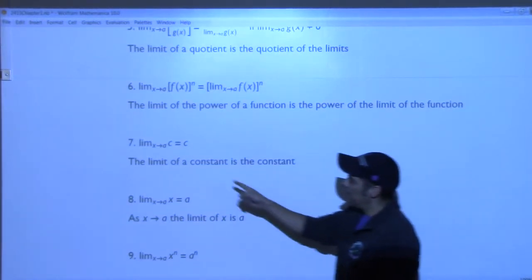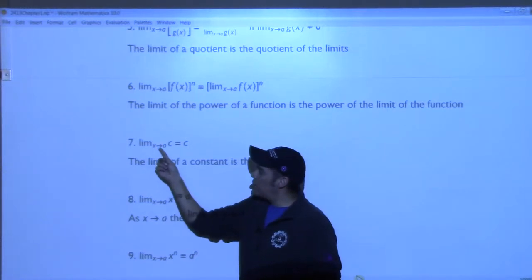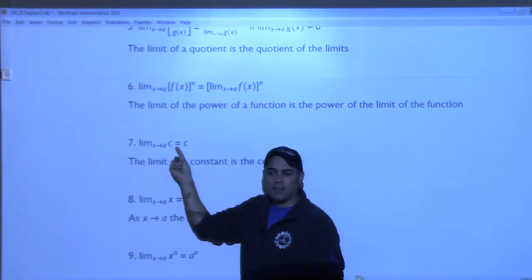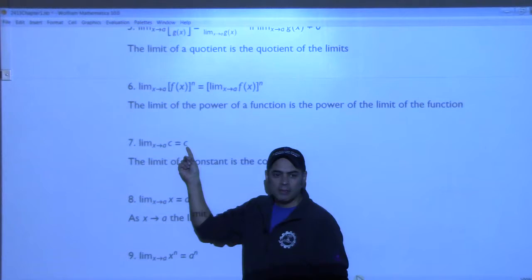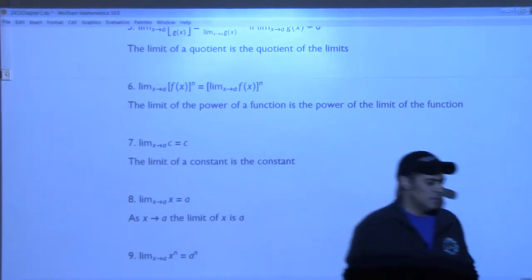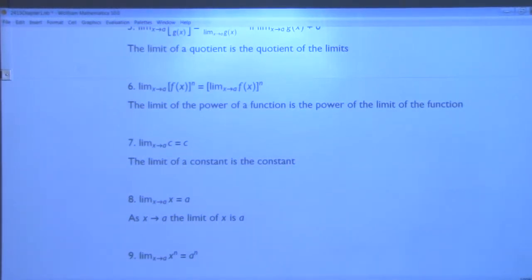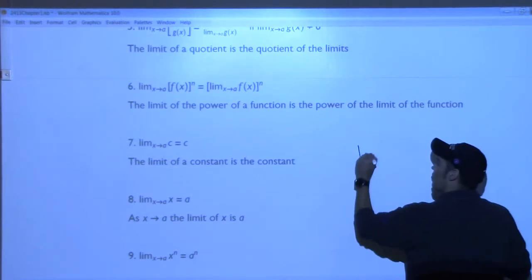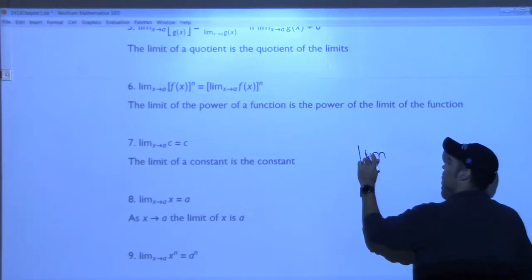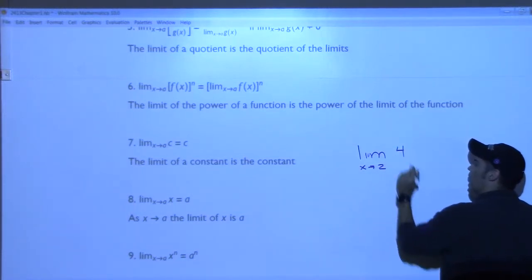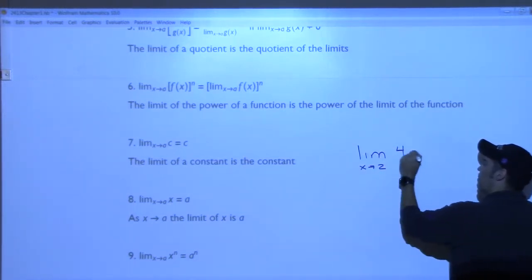This one's interesting. The limit as x approaches a of a constant is equal to the constant. Let me try and illustrate this one. What is the limit as x approaches 2 of 4? That should be 4.